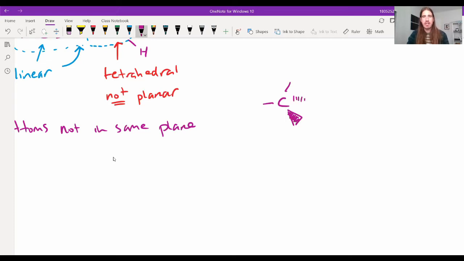The dashes and wedges are good indications that they're not two-dimensional because they're popping out or going into the paper or the screen or whatever. So if you just had regular lines like this, that could be all planar, right? Whereas this notation is three-dimensional and not planar. So just, again, something that you can start to notice and file away.